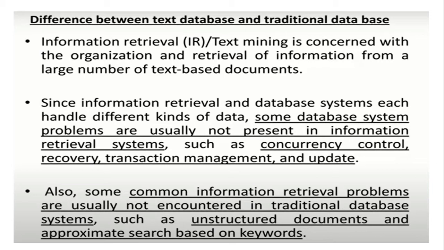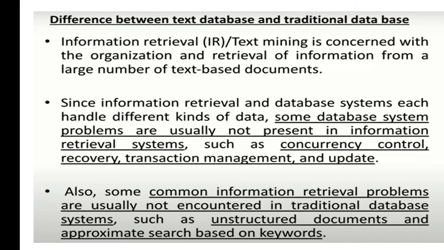So let us see. Since information retrieval and database systems each handle different kinds of data, some database system problems are usually not present in an information retrieval system, such as concurrency control, recovery, transaction management, and update.